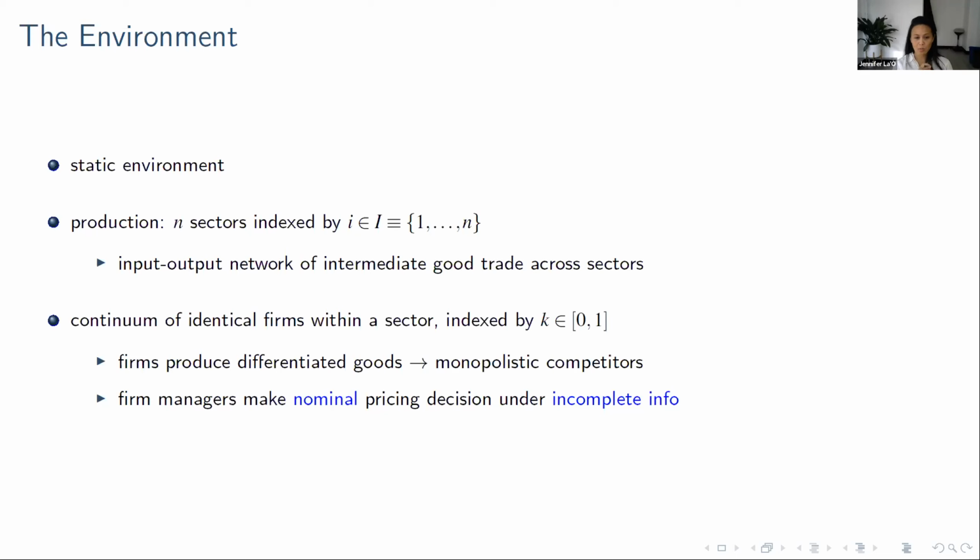So within a sector, we're going to have a continuum of firms indexed by k. These firms are going to produce differentiated goods just so that they can be monopolistic competitors and set prices. And then finally, the managers of these firms are going to make their nominal pricing decision under incomplete information, and that's going to be our form of nominal rigidity.